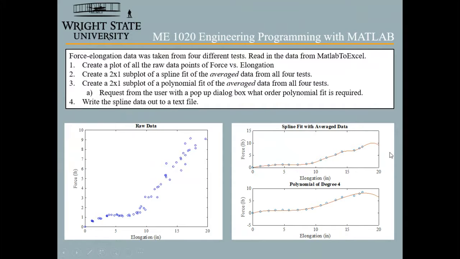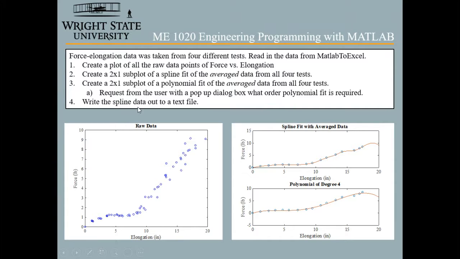Then I want to do a polynomial fit below it. And this is going to be the average data. So there are 4 samples, so I'm going to average the force and elongation for all 4 samples, and use that as my quote-unquote real data to try to use as a fit. Then I want to use the spline fit, and then a polynomial fit.